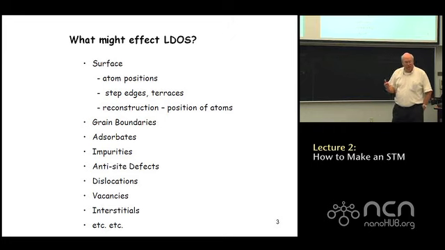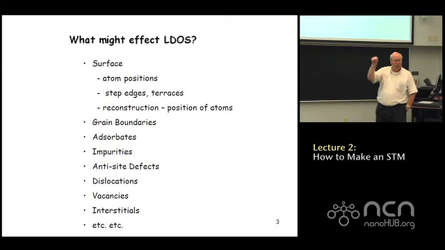So things that might affect the tunnel current, that you would be sensitive to with this scanning tunneling microscope: you would be sensitive to atom positions, step edges, terraces. You could be sensitive to reconstruction of atoms on surfaces, because when you create a surface, the atoms are no longer in their official lattice sites, they relax.